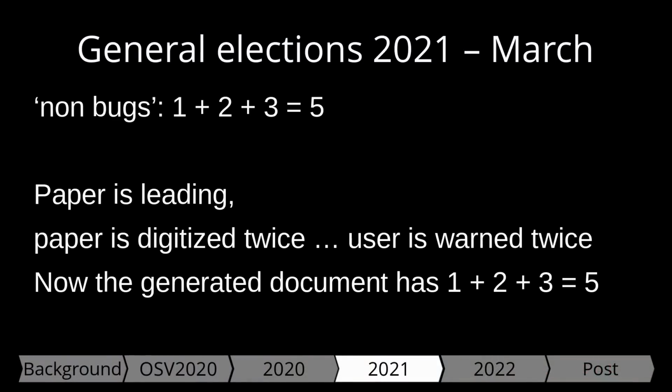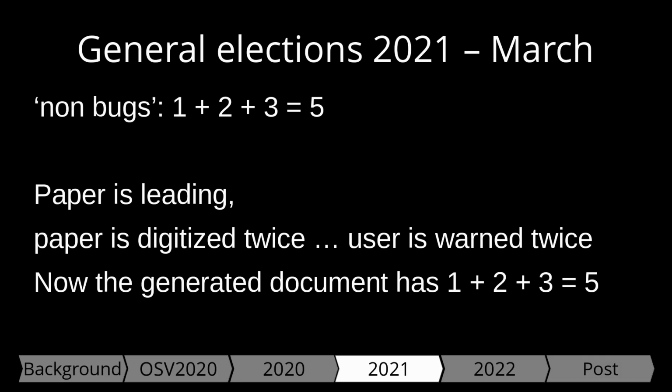Then we had another bug, non-bugs. I'm not really sure if that happened this election or a year after, but I think it happened during the general elections. This is not a bug. 1 + 2 + 3 is 5. This is by design.